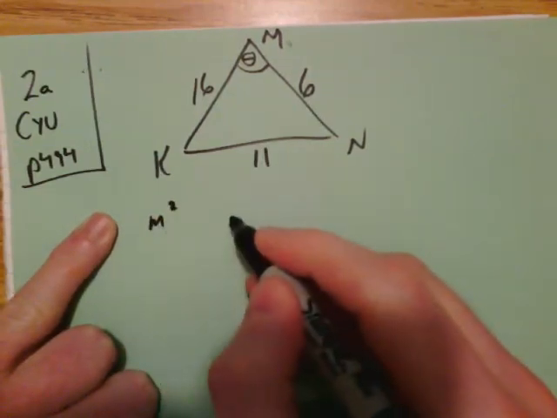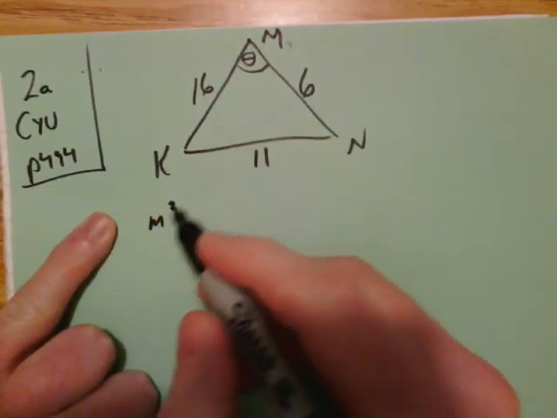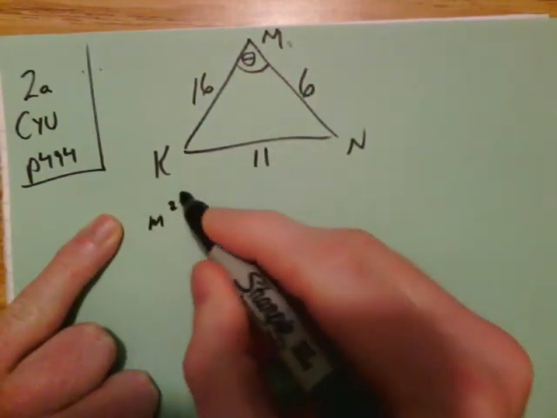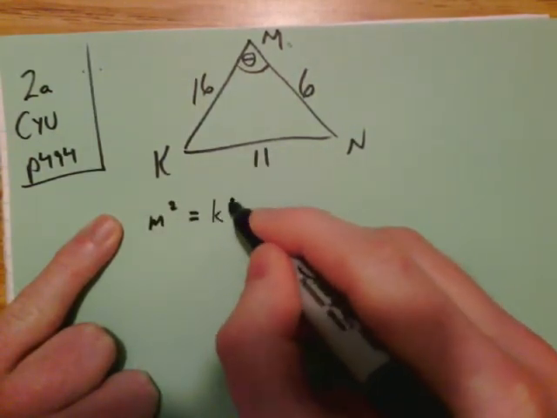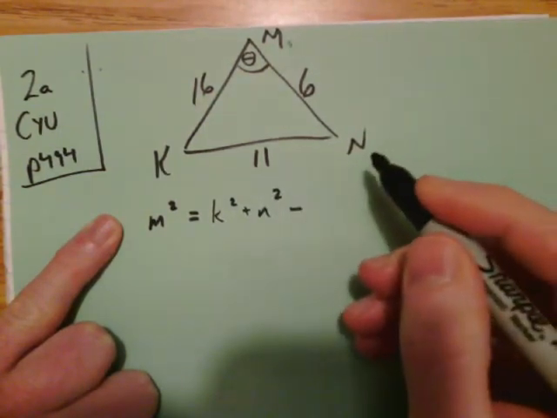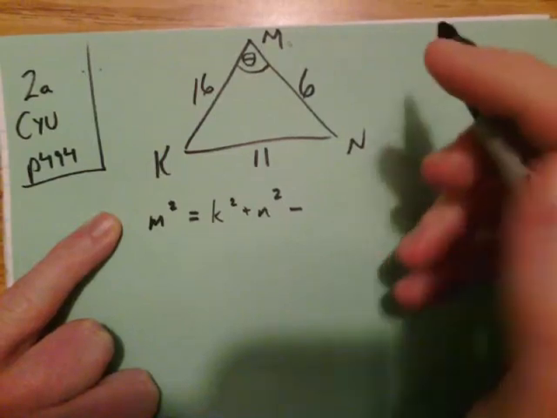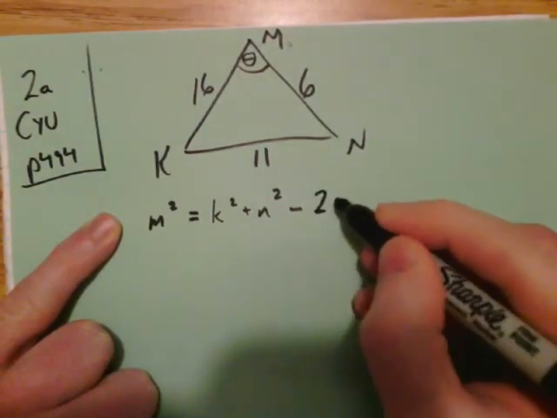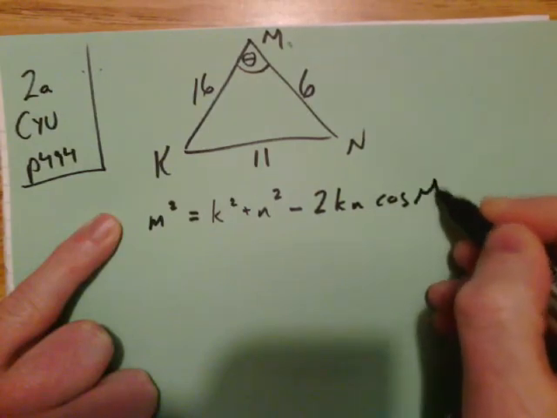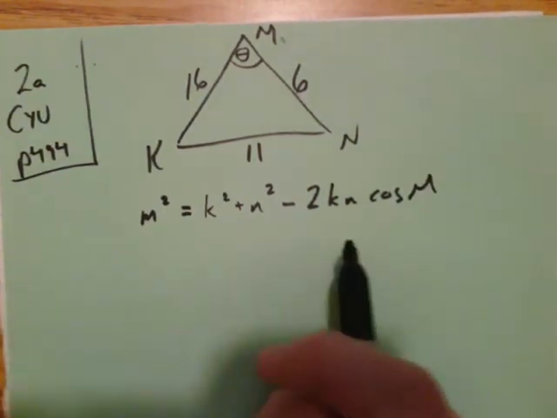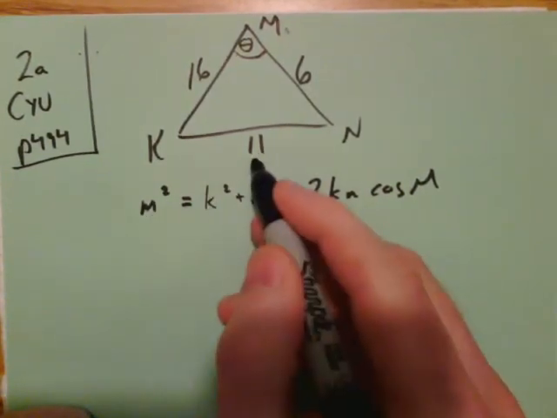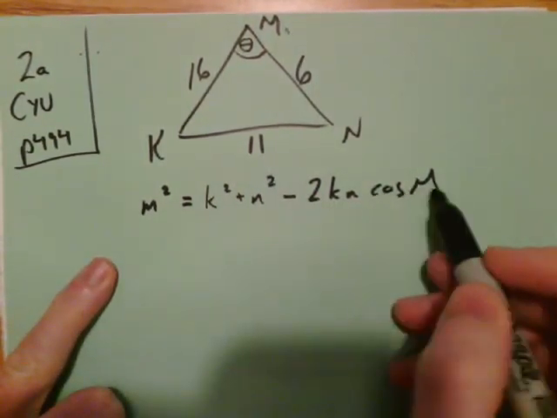Feel free to use the regular formula for a while, just to look off of it. M squared equals k squared plus n squared minus 2kn cos of m. We know m squared now, so this is what we're going to have to isolate eventually.